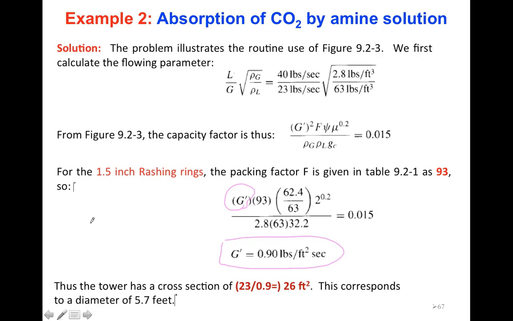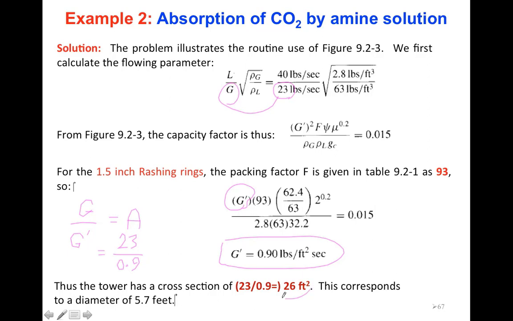So now you have G prime, and also you have G, which is 23. G over G prime gives you A. The cross-sectional area A is the mass flow rate divided by the mass flux, or mass flow rate per cross-sectional area. For G you have 23, for G prime you have 0.9.